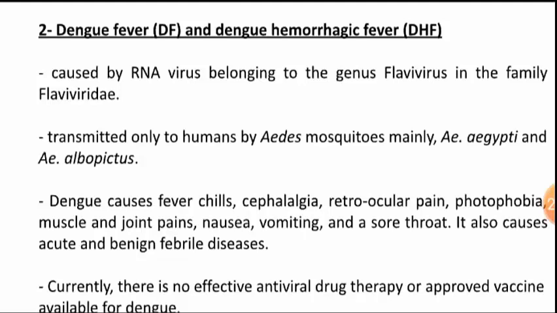Dengue causes fever, chills, retro-ocular pain, photophobia, muscle and joint pain, nausea, vomiting, and sore throat. It also causes acute and benign febrile diseases. And there is no effective antiviral drug therapy or approved vaccine available for dengue.